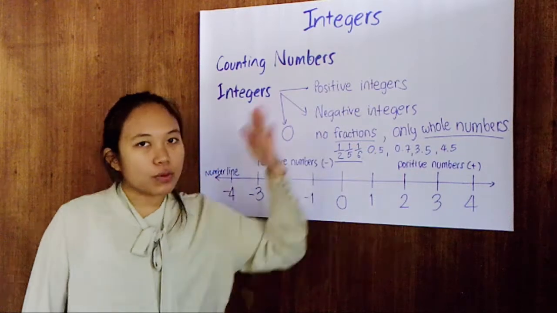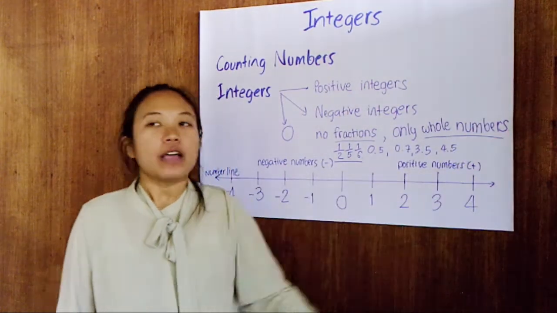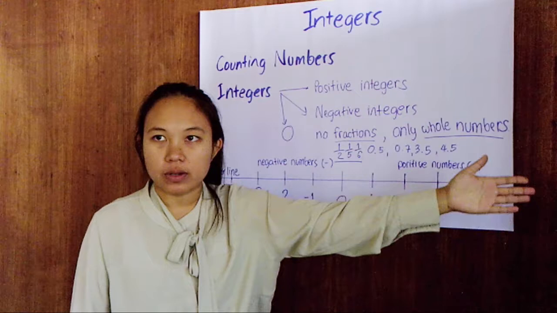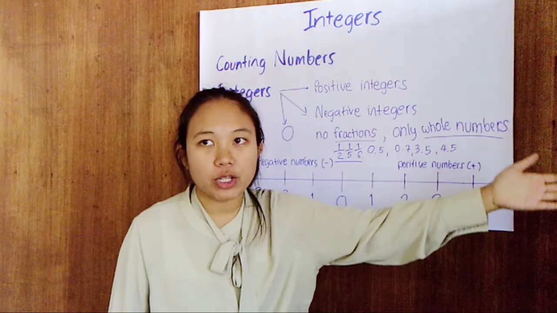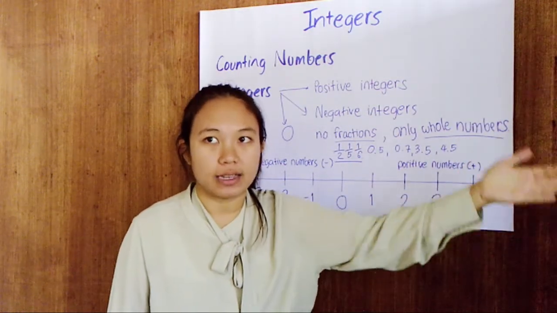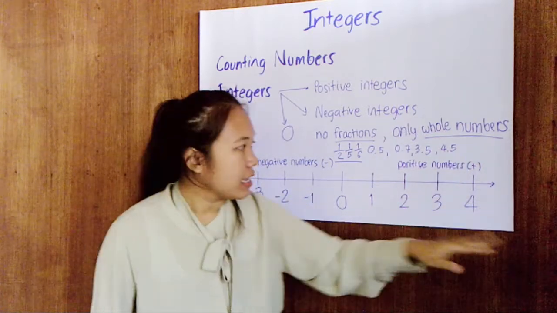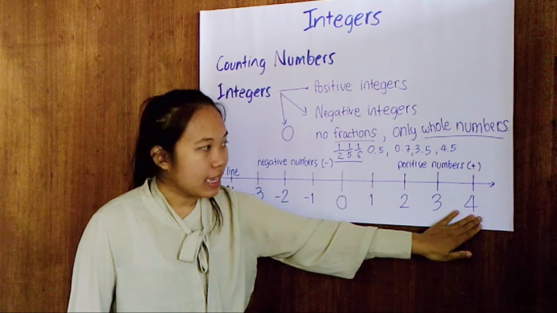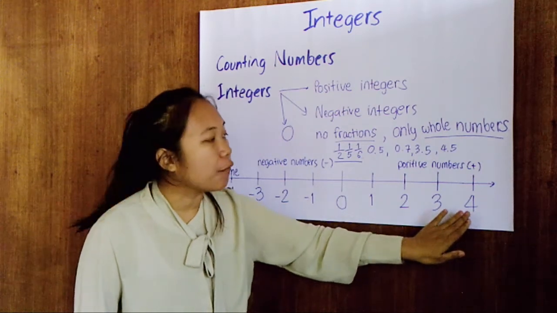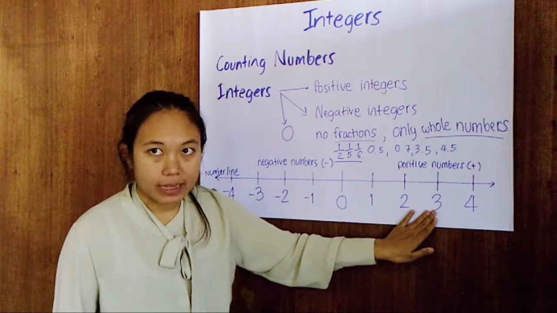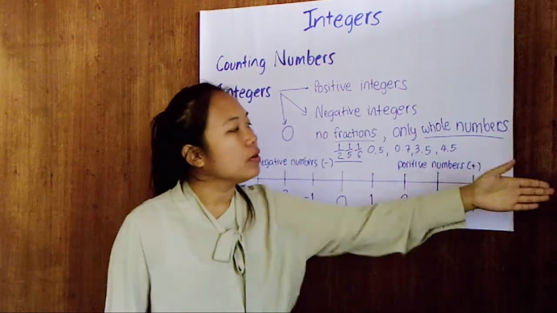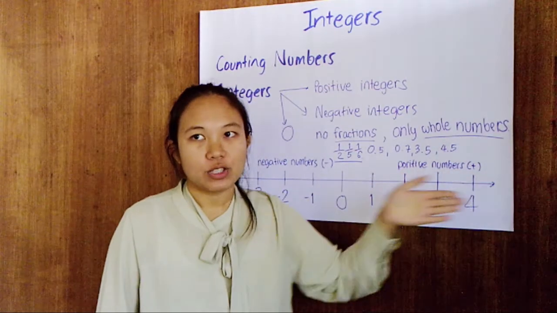On the right of the zero, the further you go, the greater the value of the integer. 4 has a greater value than the number 3. And you can go to infinity to the right.